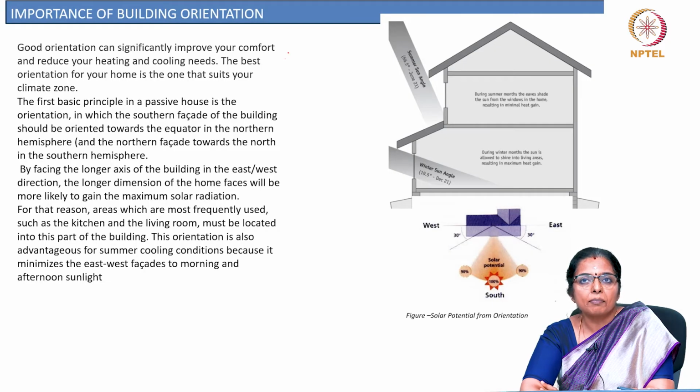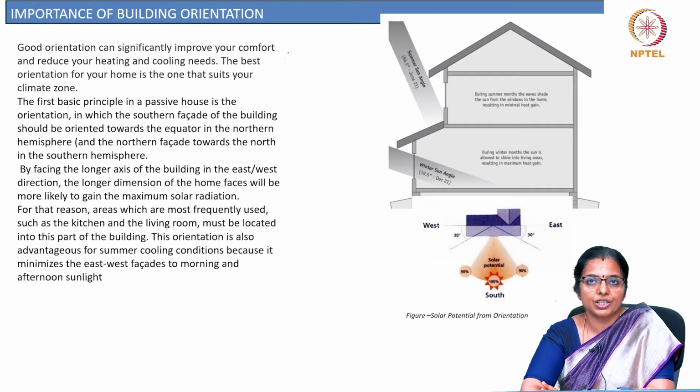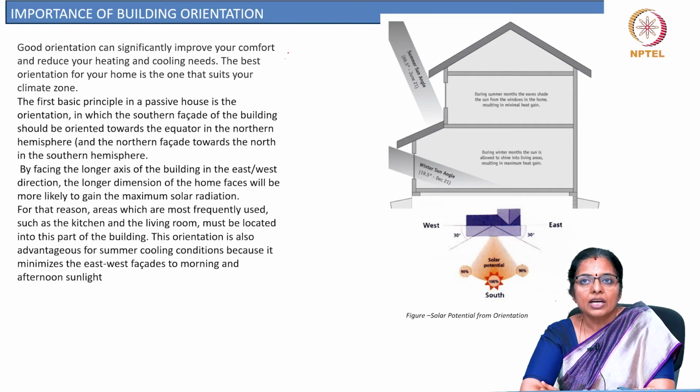The first basic principle in a passive house is the orientation, in which the southern facade of the building should be oriented towards the equator in the northern hemisphere, and the northern facade towards the equator in the southern hemisphere.